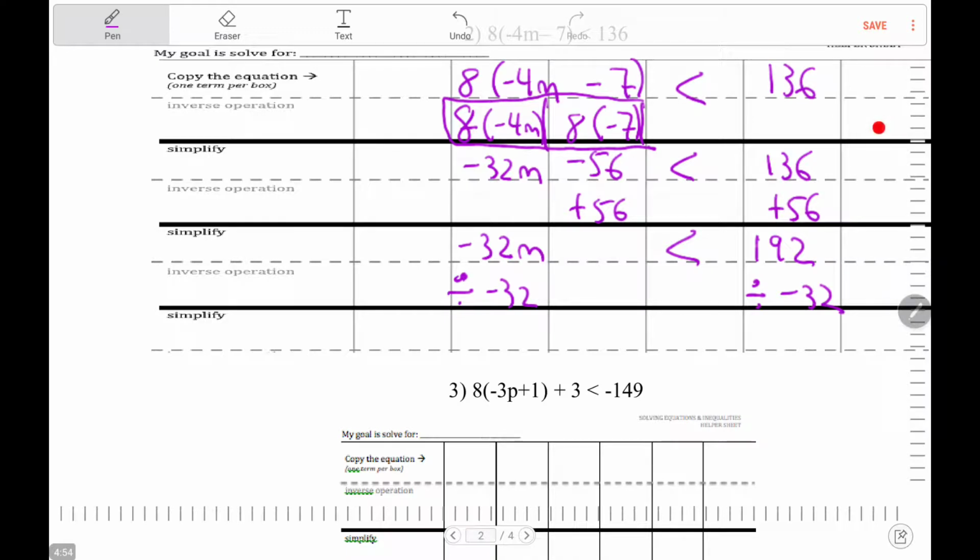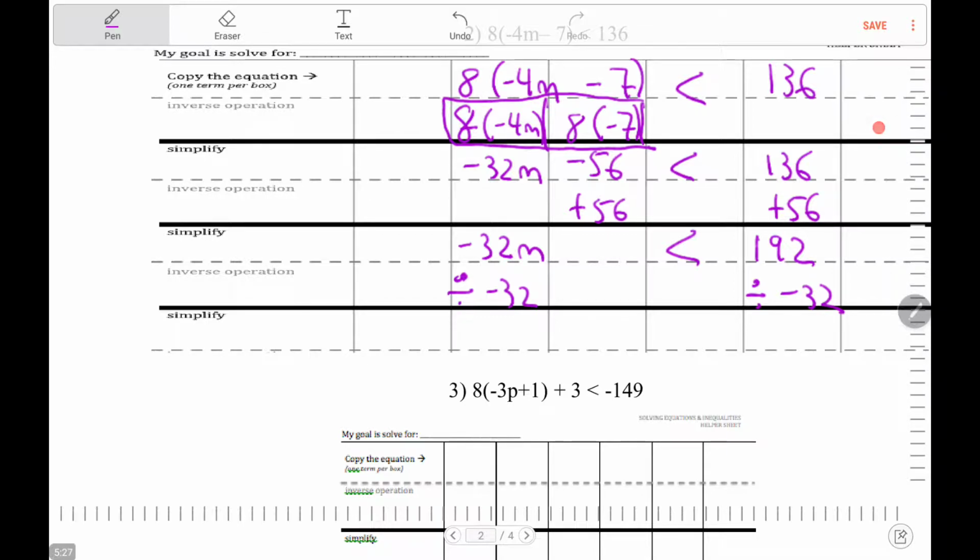Okay, 64. 32 times 2 is 64. 64 times 2 is 128. I am actually going to use a calculator for this. So 192 divided by 32 is 6.